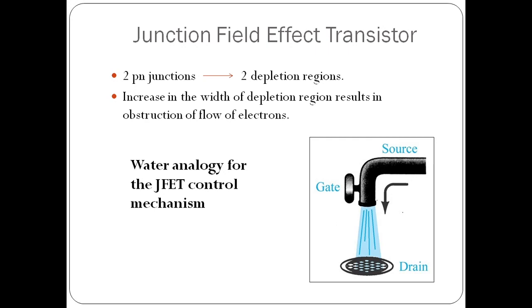This flow of electrons in case of this water tap is nothing but water flow. So water is flowing here from the source terminal to the drain terminal. So drain here is nothing but the sink, source is the water tap, and the knob here is the gate terminal.